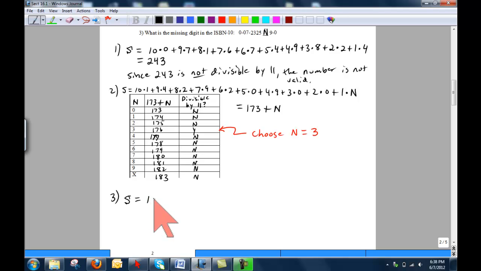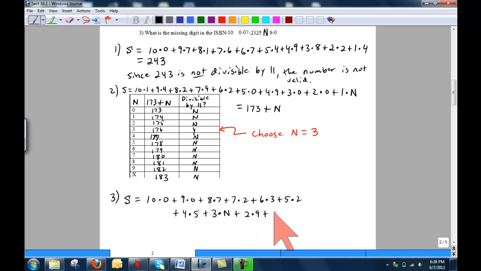So 10 times 0 plus 9 times 0 plus 8 times 7 plus 7 times 2 plus 6 times 3 plus 5 times 2 plus 4 times 5 plus 3 times, and now we're to the spot that we don't know yet, so plus 3 times n plus 2 times 9 plus 1 times 0.